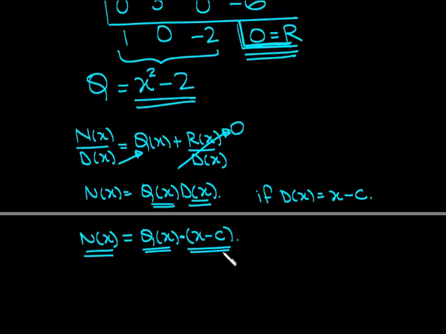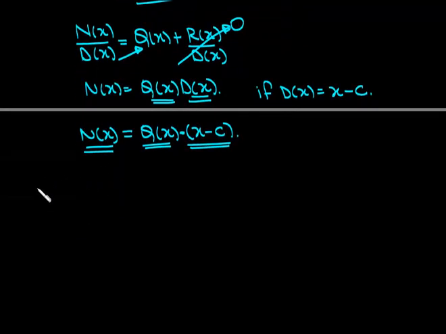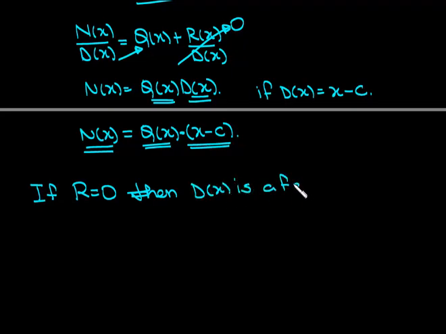Okay. And this is just some stuff I'm bringing back to your memory. The other thing to note is if r is equal to 0, the remainder is 0, then that tells me what? Then d of x is a factor of n of x. We talked about that, and you can see that right here, because n of x can be factored into these two, and one of them is d of x.